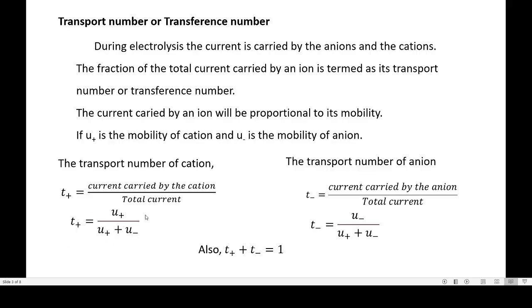So this is the expression for transport number in terms of ionic mobilities.